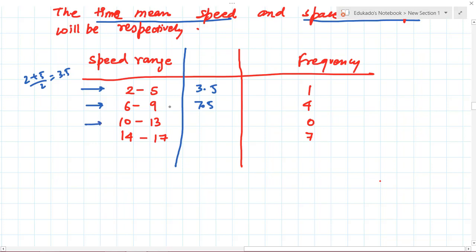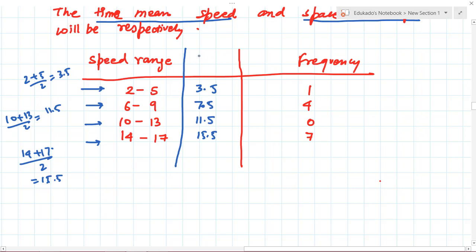For 10 to 13, 10 plus 13 by 2 comes out to be 11.5. For 14 plus 17 by 2, it comes out to be 15.5. I just calculated the central values because I can't use the ranges like this.